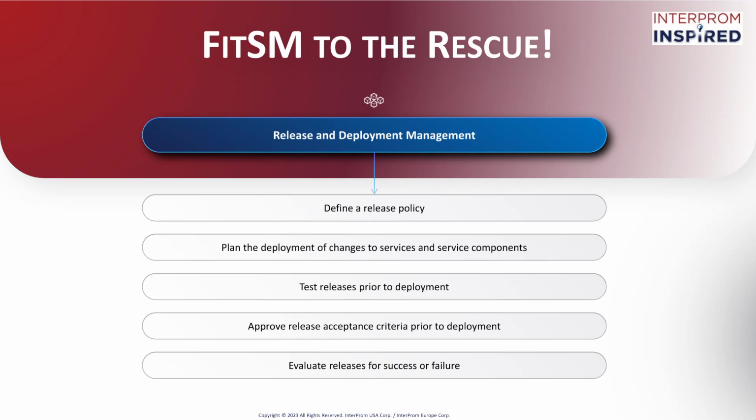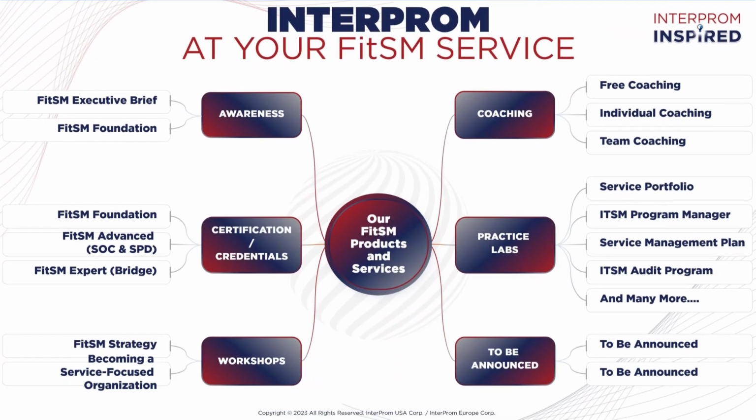What's the plan there? And finally, it asks that deployment activities need to be evaluated on success or failure. Yes, learn from mistakes in essence. And if you had a successful release, celebrate in essence. That's what this process is all about, what we see captured on this slide here.